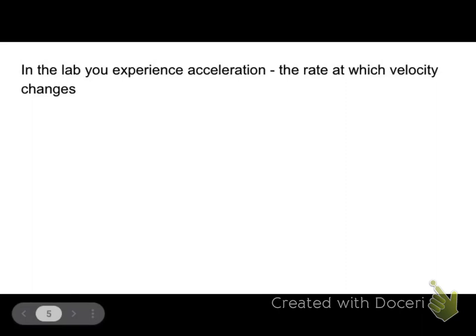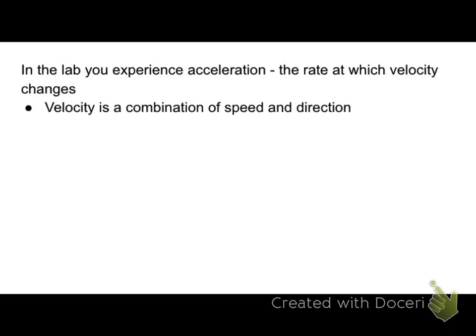Okay. So now we can actually jump into the part of this that's notes. In the lab, you experienced acceleration, which we define as the rate at which velocity changes. When we mention velocity, velocity is just speed, but it also includes a direction. So if you can include the direction you're traveling with your speed, then you have a velocity. You can accelerate anytime you change your velocity. So that means there's 3 different ways you can accelerate.